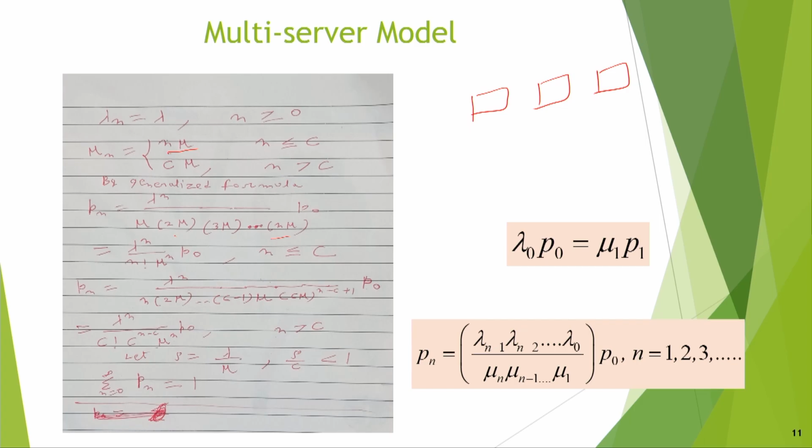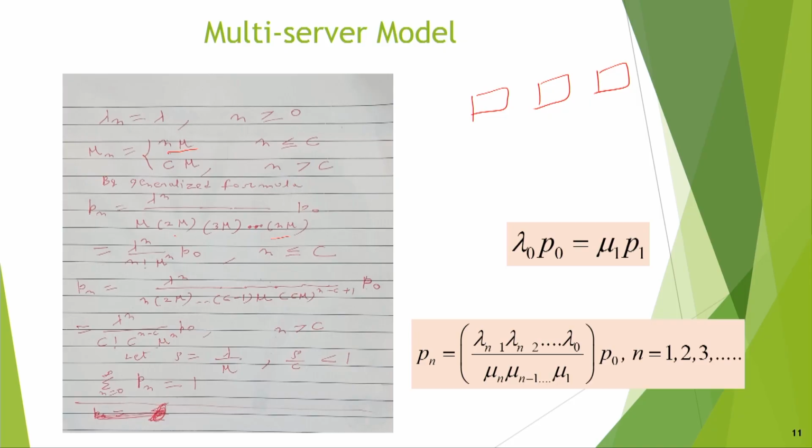Suppose the arrival rate is more than the service rate. In this case it will not become unsteady, because as long as there is another server to support. So, these Pn expressions are there for both the cases.